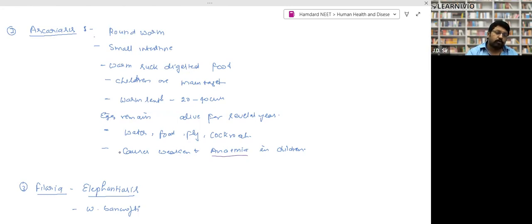This is a roundworm, and what is the name of the roundworm? Ascaris lumbricoides. So Ascaris lumbricoides is the organism responsible for ascariasis, or roundworm disease. Clear?